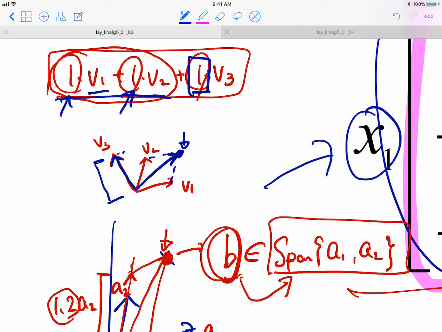We now form the new parallelogram by using these two vectors, and this is the resulting vector.